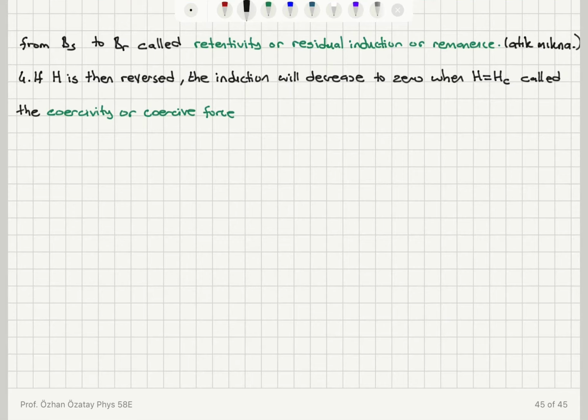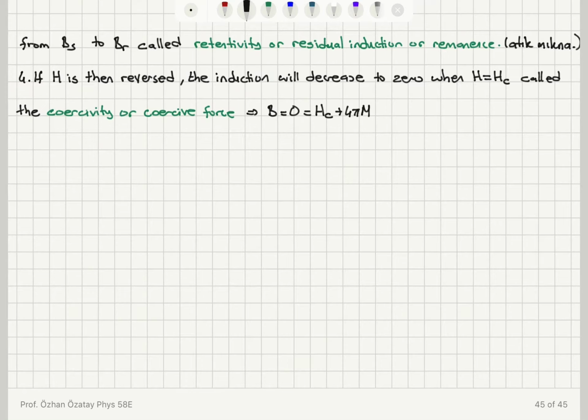An unfortunate name for magnetic field was magnetizing force, and therefore this coercivity also has an unfortunate name, coercive force, which is sometimes used. Now, if that's the case, what we will see is that magnetic induction is going to be 0 when we have Hc plus 4 pi M, if you wish.